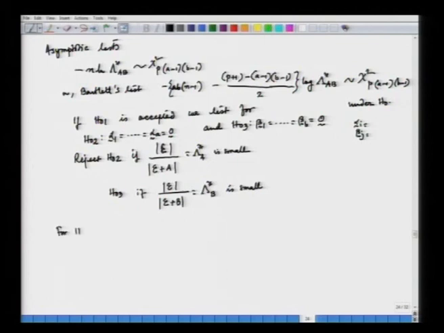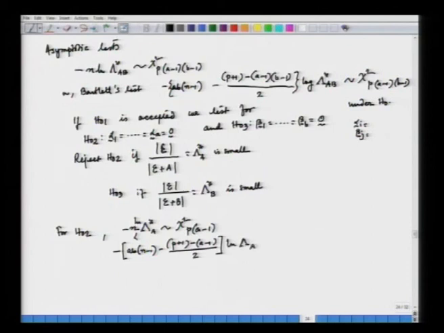For the second one, that is for H02, I can use that n lambda A star asymptotically follows a central chi-square with P times A minus 1 degrees of freedom, where A is the number of levels of the factor A. Or with Bartlett's correction we have AB times n minus 1, minus P plus 1 minus A minus 1, the correction factor by 2, with log of, we missed a log here, minus n log lambda A star.